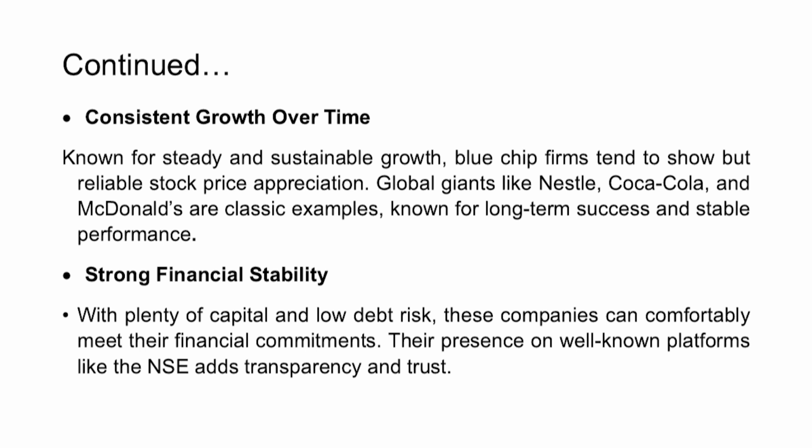Blue chip firms tend to show reliable stock appreciation in the market, and global giants like Nestle, Coca-Cola and McDonald's are some classic examples of blue chip companies, known for their long-term success and stable performance in the market, as well as their loyal customers and investors.